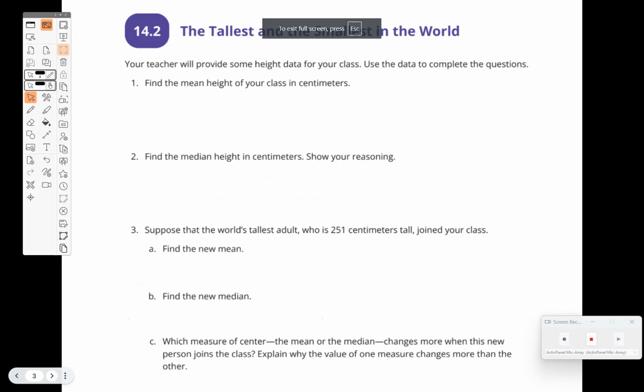We are going to be using the data points from one of the questions, which was how tall our class was with shoes on. It says up here, your teacher will provide some height data for your class. Use that data to complete the questions. Find the mean height of your class. So I'm going to write down every one of the numbers that are on the sticky notes, and I'm going to yell them out.